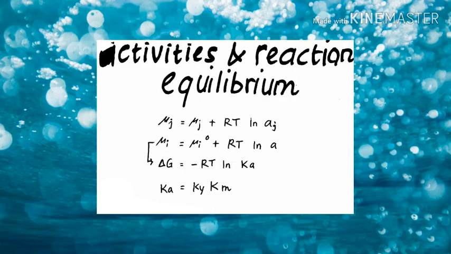Since each activity has the form ai = γi mi, we can write Ka = Kγ Km, where Kγ and Km are proper quotients of activity coefficients and of molalities respectively.